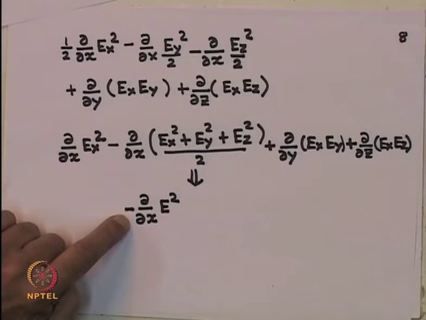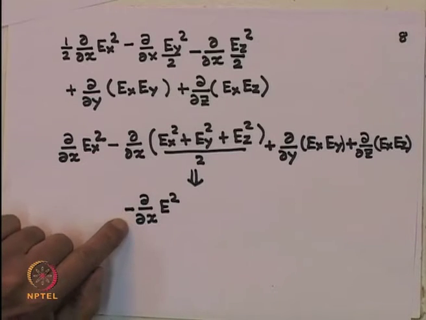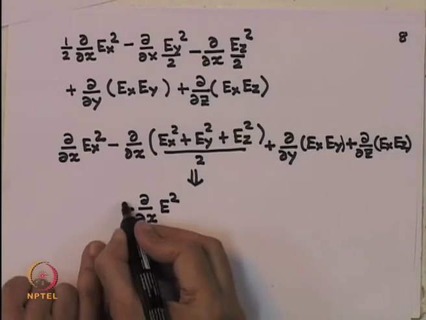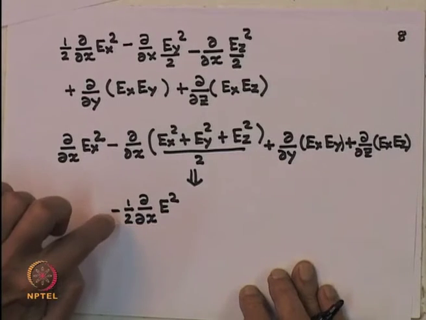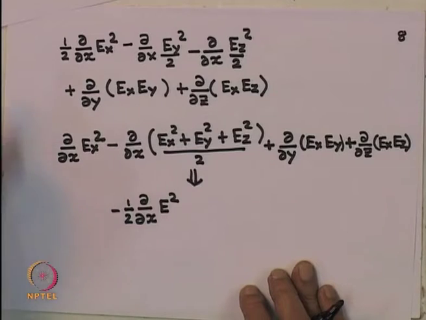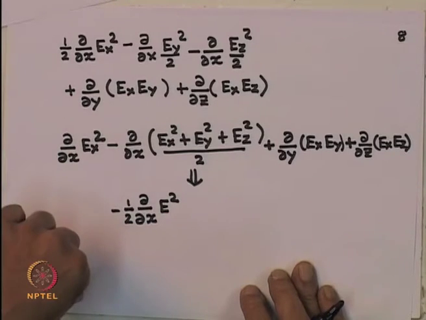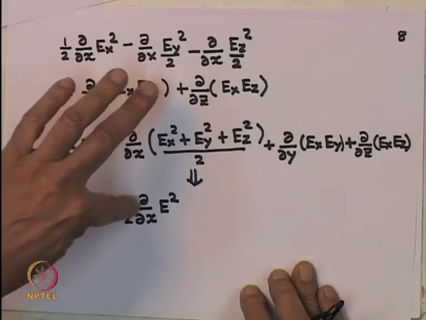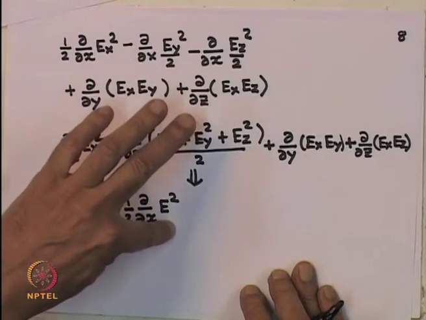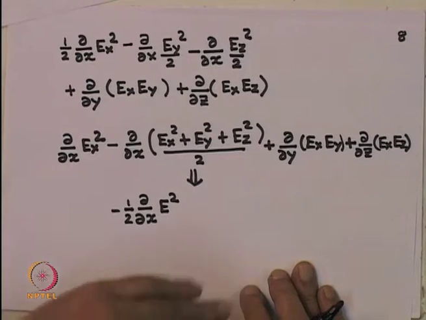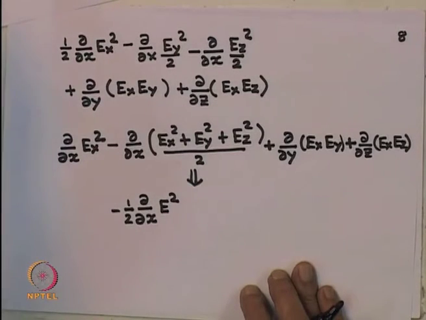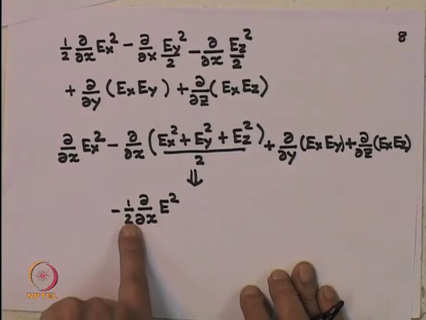When I add up there is of course a factor of 2 there. So, let me write it as minus 1 over 2. When I add up the terms which come from the y and the z component, I will get d by dy of E square and d by dz of E square. And what is that? That is simply the gradient of E square by 2.